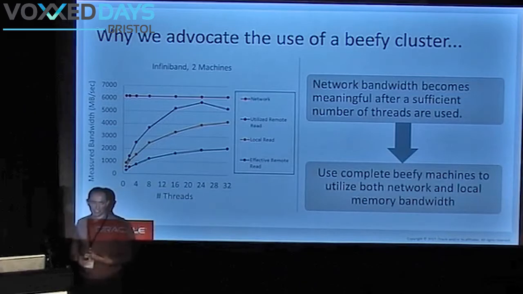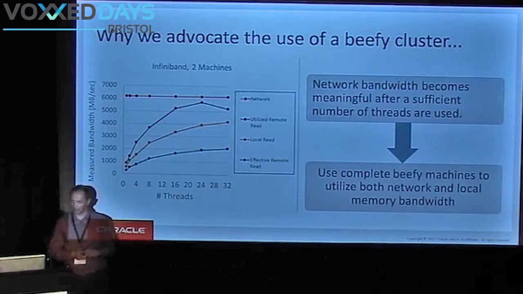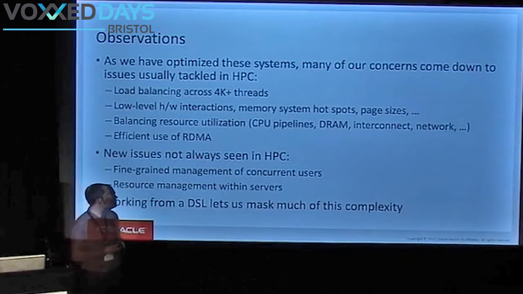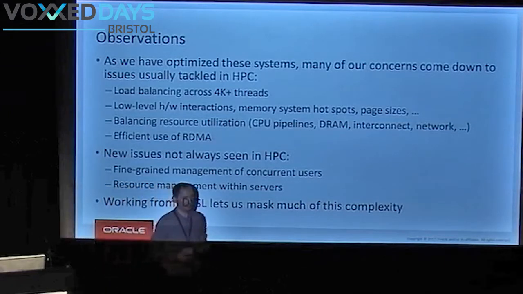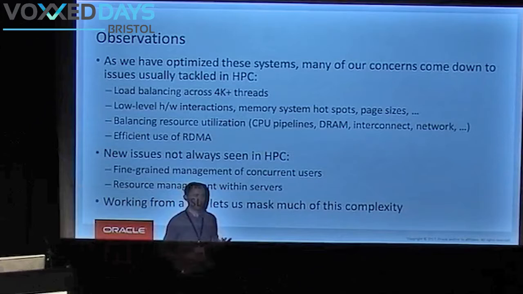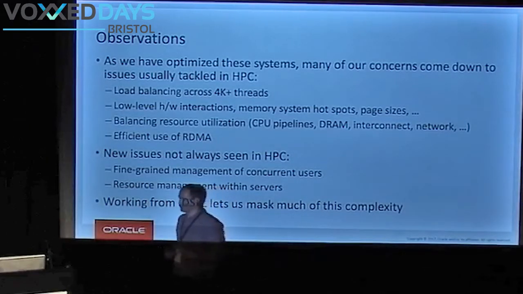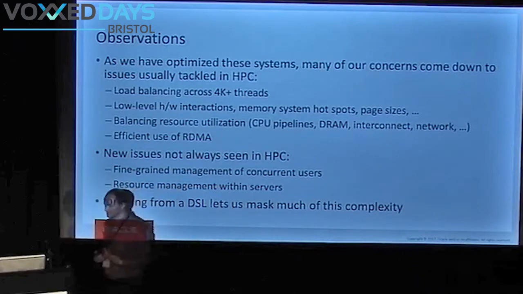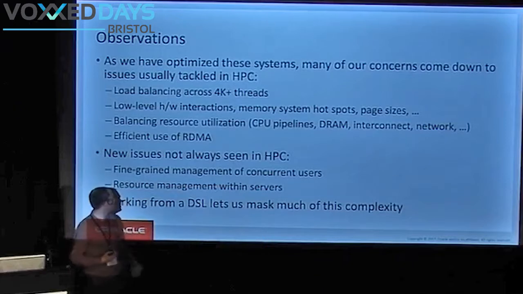We'd not been expecting we needed to use quite such powerful systems in the individual machines and the scale-up in the scale-out setting. Just one final observation, which is that as we progressed with this work, I've come to realize that a lot of the issues we're tackling really have a lot in common with high-performance computing. A lot of the concerns we're looking at around memory placement, around thread placement, are the same ones that have been studied in many other settings over the years.